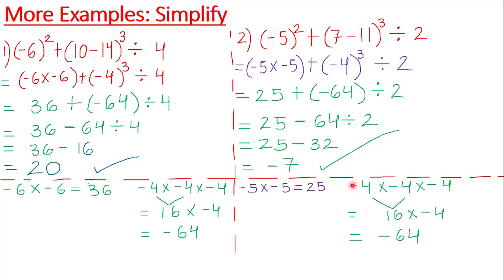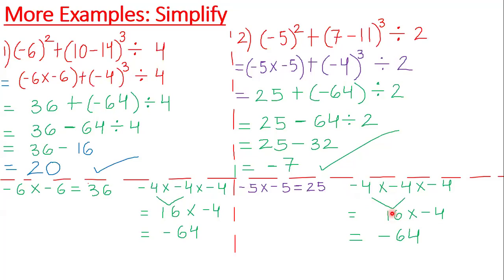So here's the thing. -4 times -4 is positive 16, because a negative times a negative is a positive. Write this down: a negative times a negative is a positive. A negative times a positive is a negative.